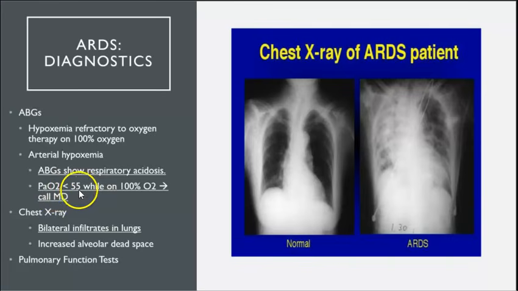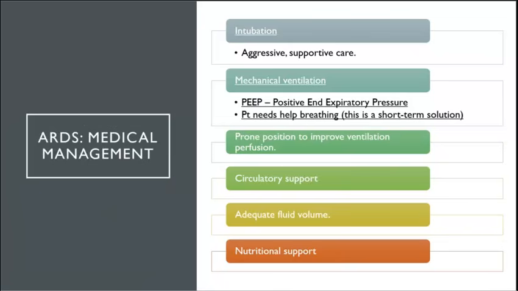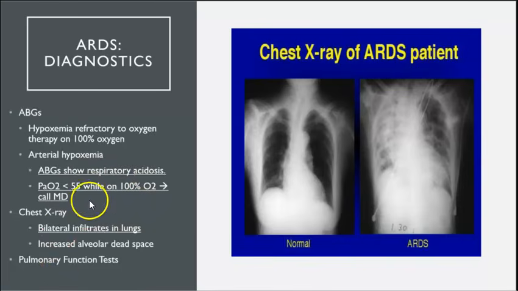Their O2 is less than 55, I always say less than 60, while on 100% oxygen. If their CO2 is rising with this, then think about what's happening in the kidney. So with your respiratory acidosis, they're going to try to pee out and get rid of all the acid that way.